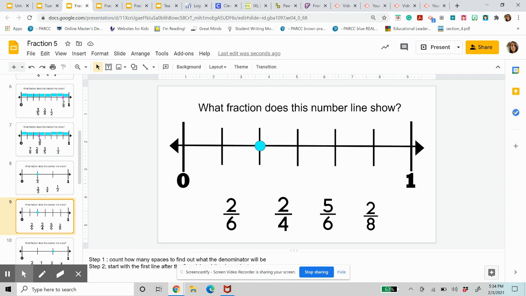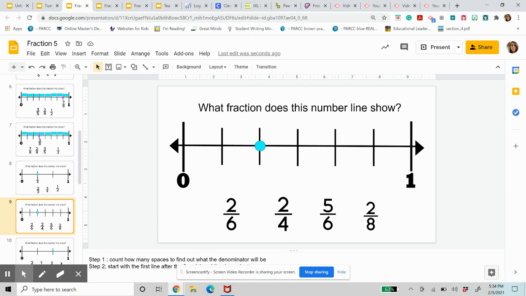Okay, slide number 9. What fraction does this show? Okay, on the number line. So are we at 2/6, 2/4, 5/6, or 2/8? So first step, count your spaces. 1, 2, 3, 4, 5, 6.